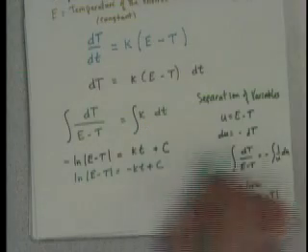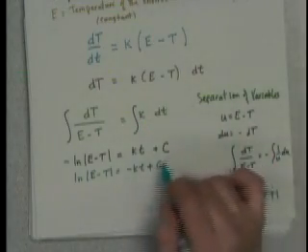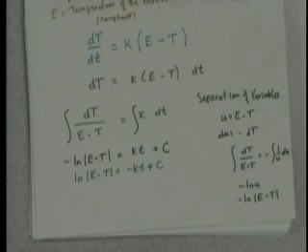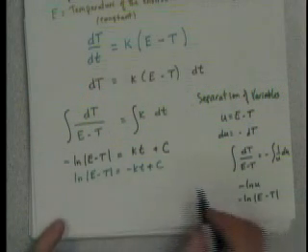Now I left this as plus c because I don't know what c is anyway, so changing the sign on a constant I don't know, I don't need to think about that. And now I'm going to undo a natural log. I'm going to take e to the power.